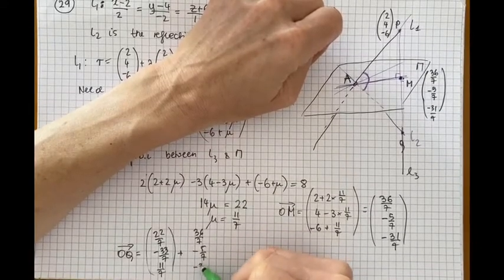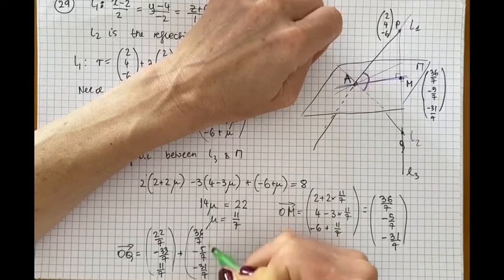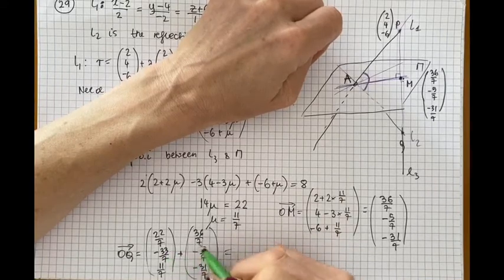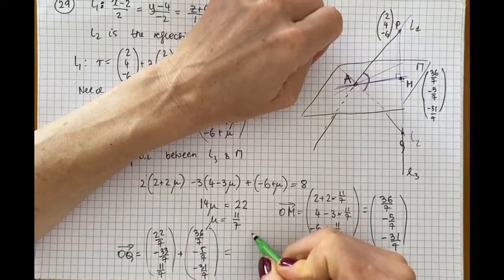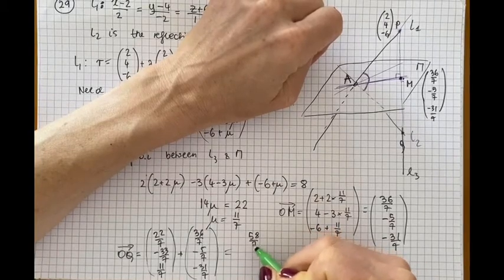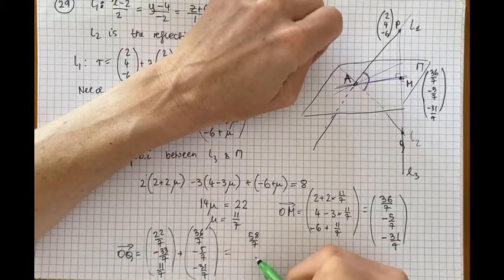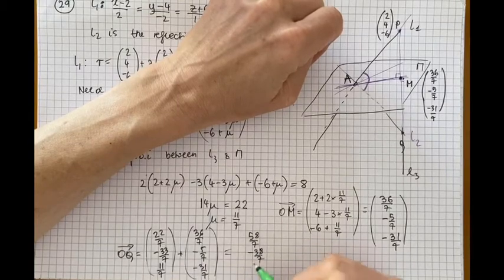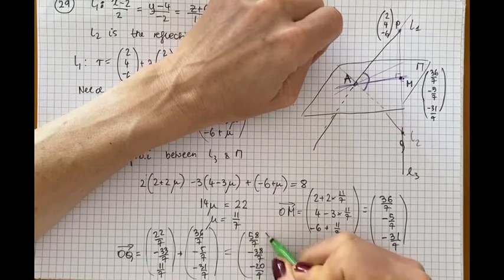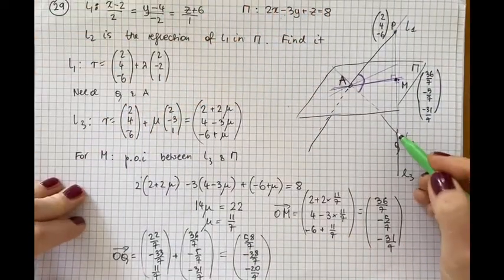There's lots of options here. So 22 plus 36, that will be 58 sevenths. Minus 33 and minus 5 is minus 38 sevenths. And then 11 minus 31, that's minus 20 sevenths. So this is our point Q.